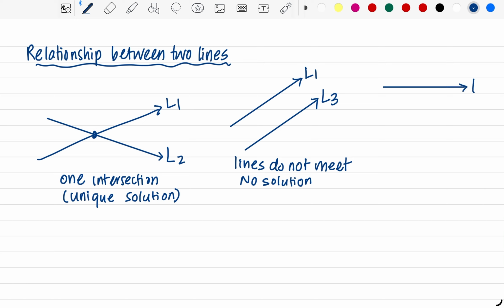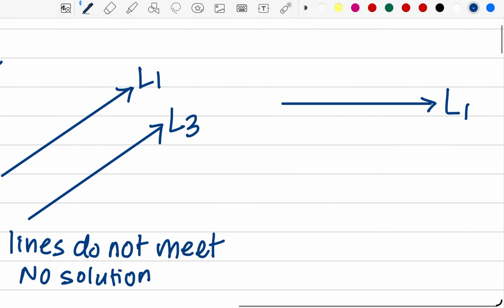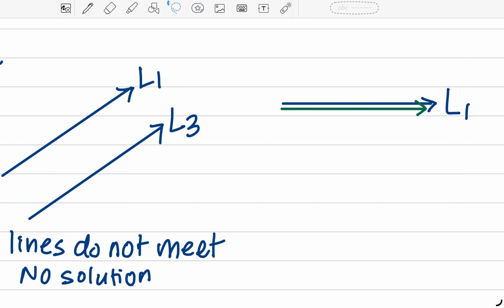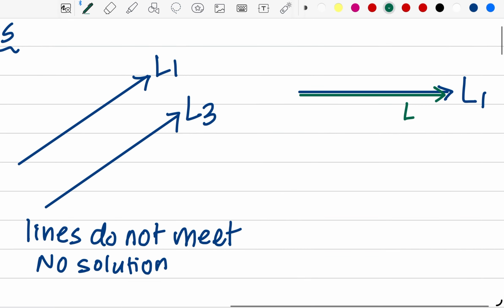Let's say I have another line 1, and this time there is another line coincident with line 1, and this is line 4.